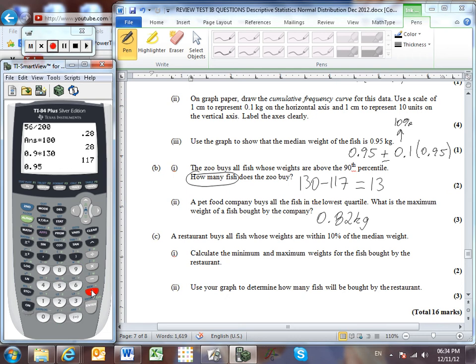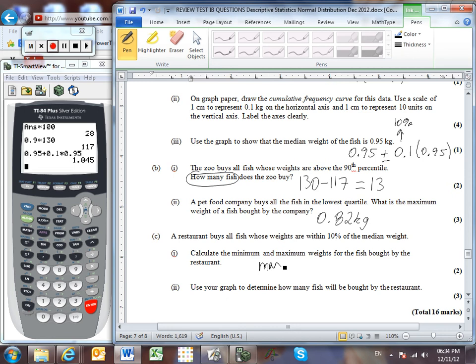0.95 plus 10% or 0.1 of 0.95. And so 10% above 0.95 is 1.045. And so it says first, calculate the minimum and maximum weights. Well, the max weight, I can see, is 1.045 kilos.